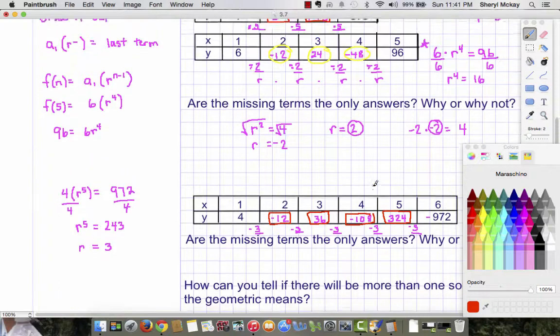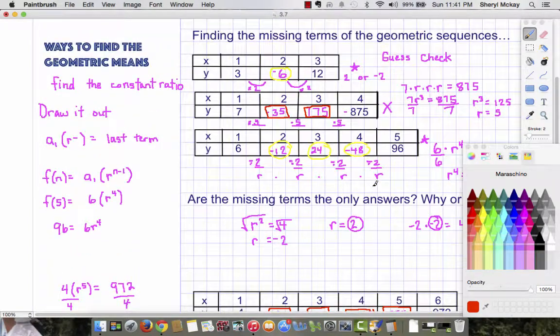Do you see the difference? What type, how many missing terms do you need to have to be able to say, yes, it can be a positive or a negative? I think you might see it.